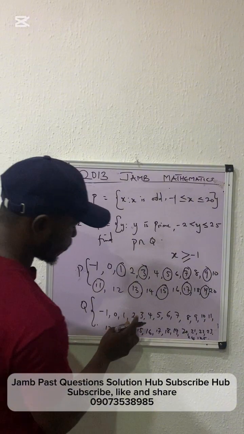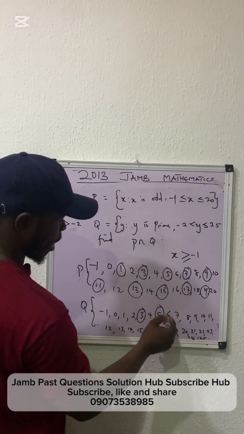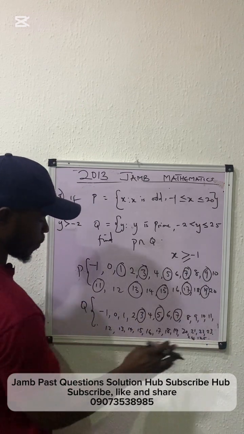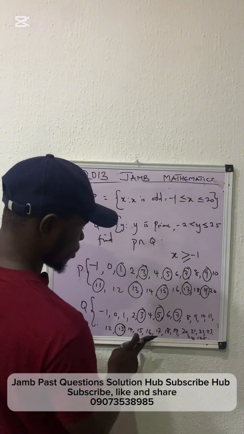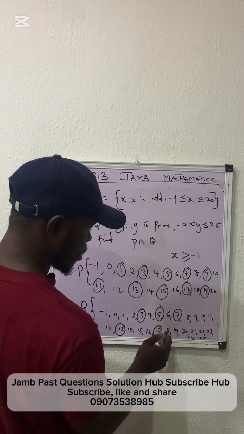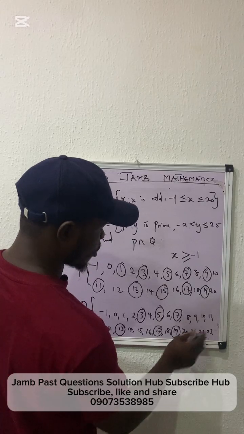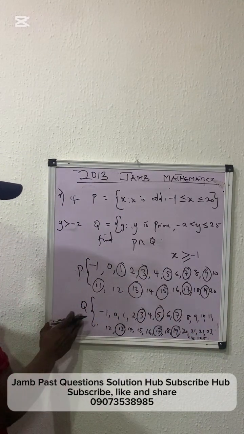The prime numbers here are 3, 5, 7. 9 is not a prime number. We have 13. 15 is not. 16 is not. We have 17, and then 19. Alright, so those are the elements of Q.